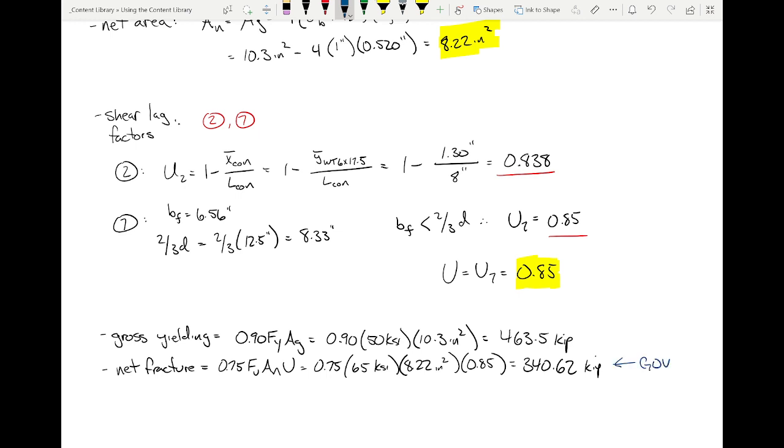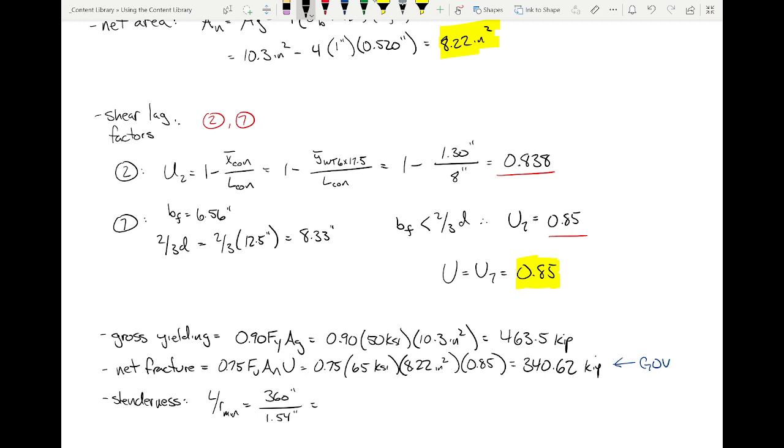Now, before we summarize everything, we got one more. So what does this come out to be?